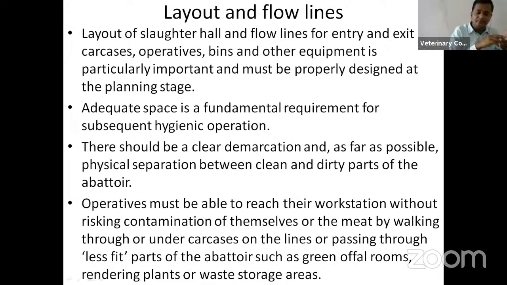After defeathering, there are two varieties of chicken, with skin and without skin. If it is without skin, there is a skin removal process. If it is with skin, no problem. Then it goes to evisceration, where all the organs are removed. Then there is carcass washing, carcass chilling, and after chilling, the next step is holding of the carcass. This is how poultry is processed.